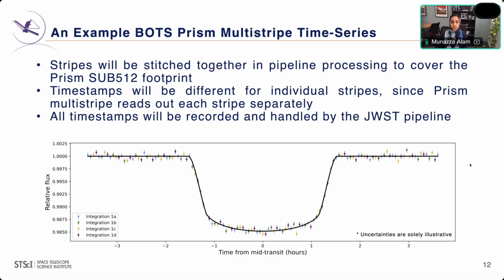When the stripes are all stitched together per integration, the median of the timestamps per integration will also be recorded. And all of these timestamps, both per stripe and per integration, are going to be handled by the JWST pipeline. And the implementation of this is going to be analogous to the implementation in the pipeline for SOSS multi-stripe.